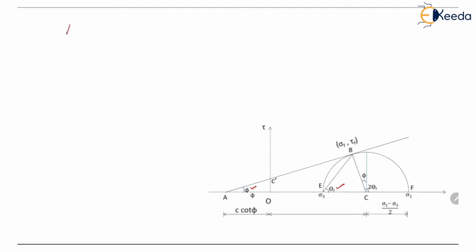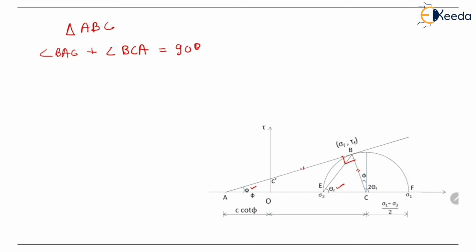Now let us consider triangle ABC. So in this triangle, angle B is 90 degree because this is tangent and this is radius. So tangent and radius makes angle of 90 degree. So angle BAC plus angle BCA will be 90 degree.